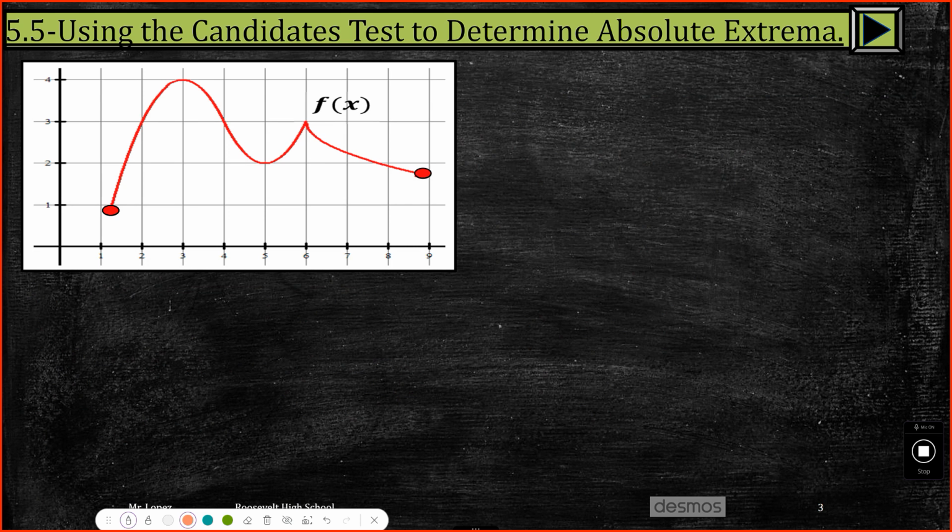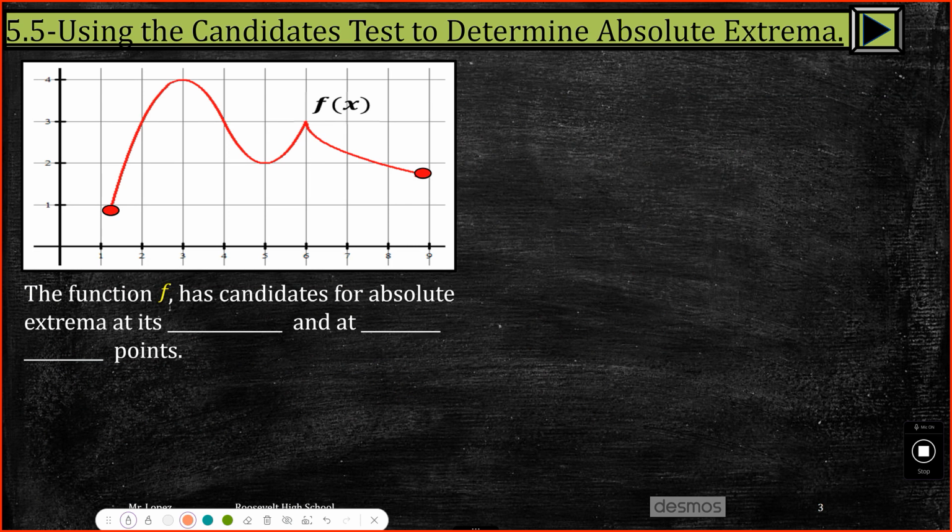What x values would be candidates to have an absolute extrema? So the function f has candidates for absolute extrema at its endpoints and at internal critical points.